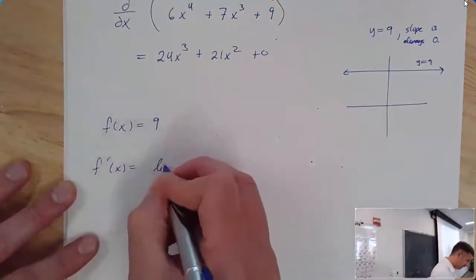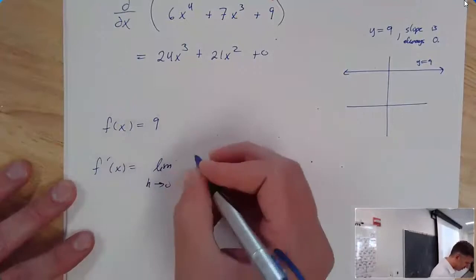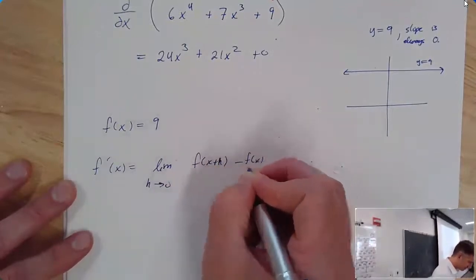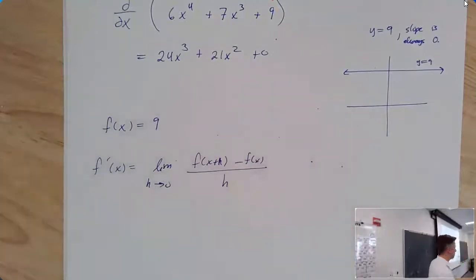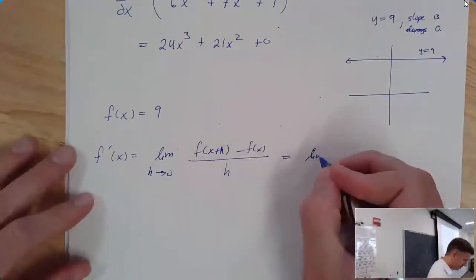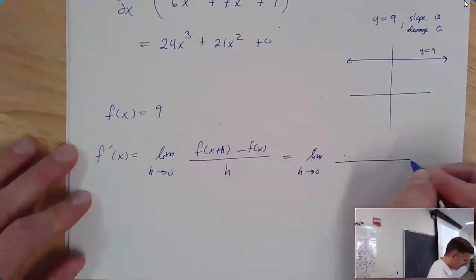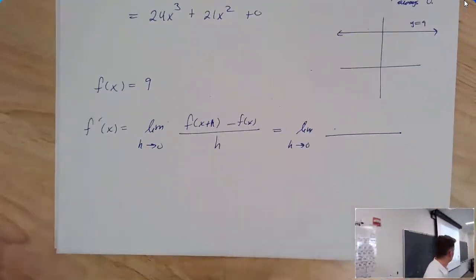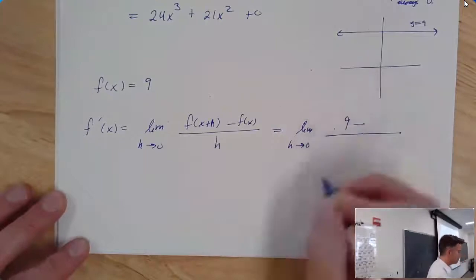Okay, so it's going to be the limit as h goes to 0 of f of x plus h minus f of x. This actually points out something fairly important. That's the limit as h goes to 0 of, help me out. What's f of x plus h? What's f of x?